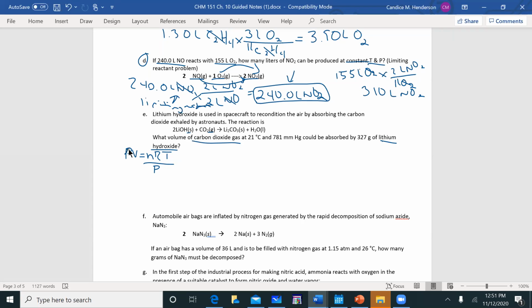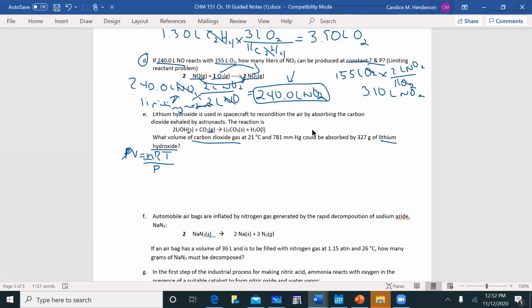So in order to get volume, I need to know a bunch of things about the carbon dioxide. I need to know the amount of carbon dioxide. That I don't currently know. R is a constant, T is my temperature, P is my pressure. So I have everything in this equation minus the amount of CO2.